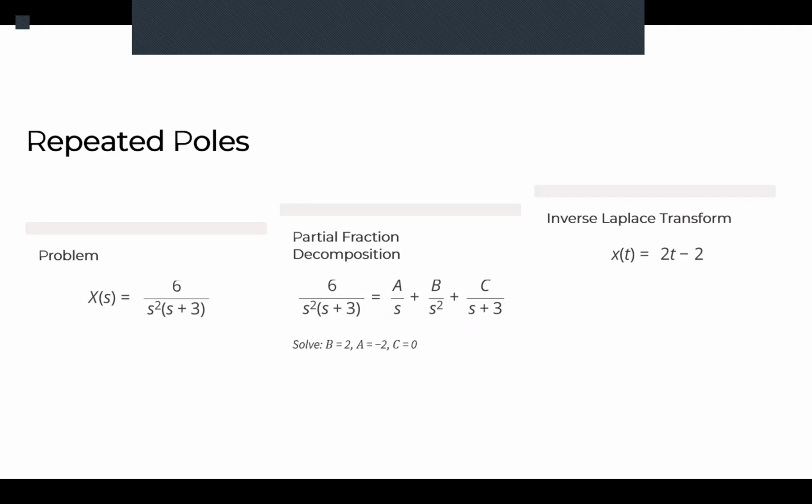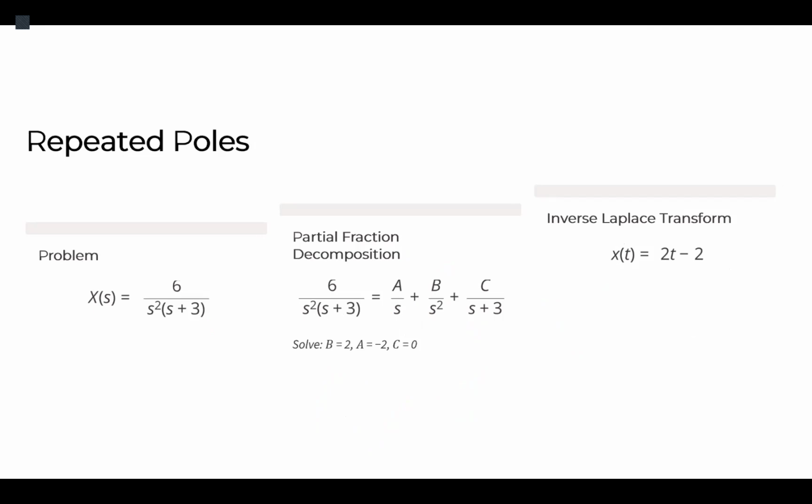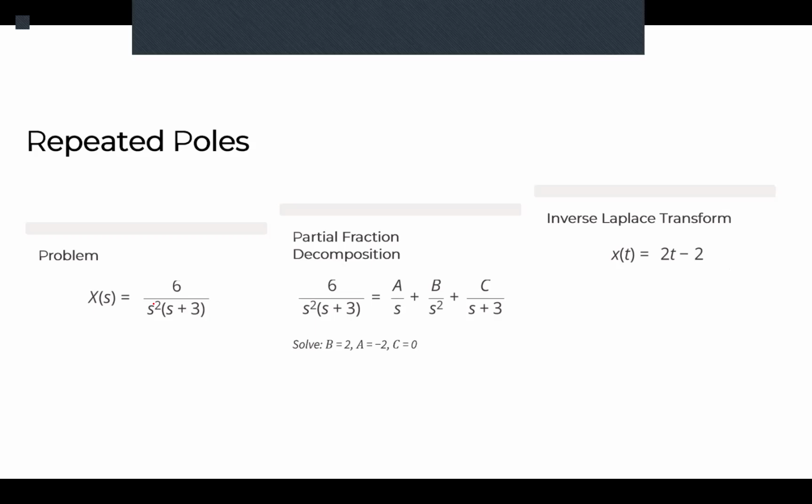What if we have repeated poles, repeated zeros in our system, meaning one of the s's is squared or cubed, so it has a power? Now, when you have such a system and you want to split the denominator, you shouldn't just consider s squared.